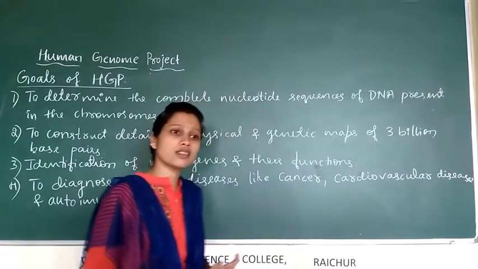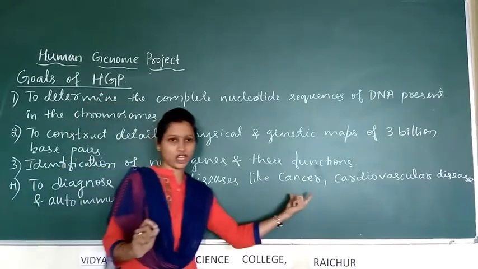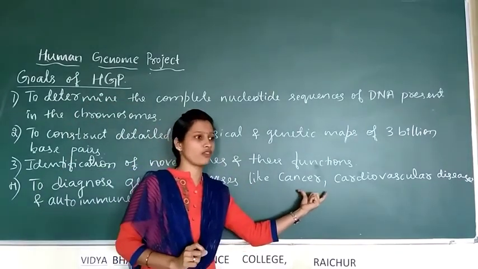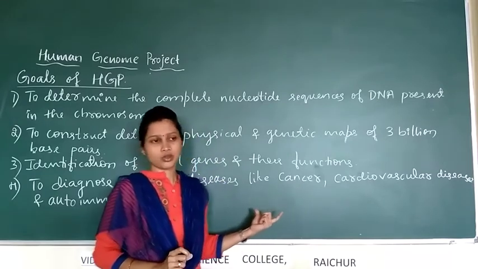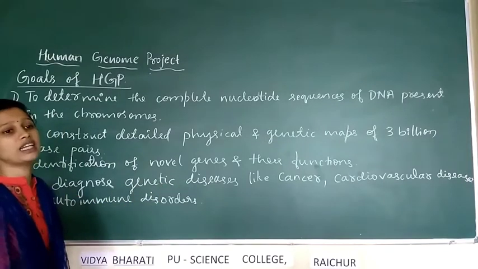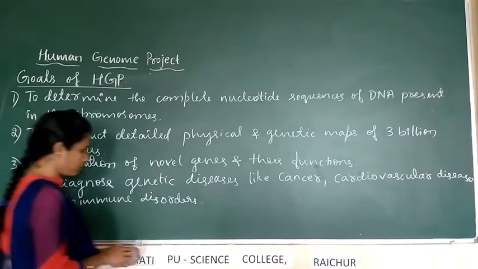If we know these things in the early stages, then that patient can go for treatment in the early stages of cancer itself. The Human Genome Project was constructed in order to diagnose genetic diseases like cancers, cardiovascular diseases, autoimmune diseases or mental illness. Here write down mental illness.